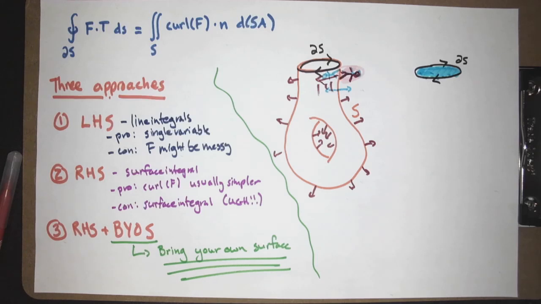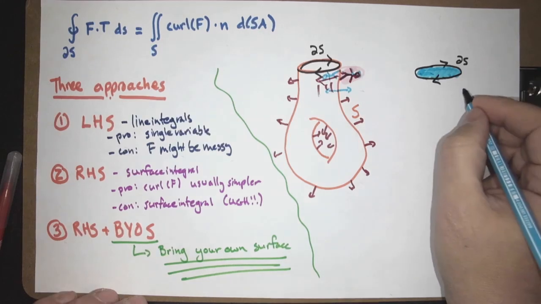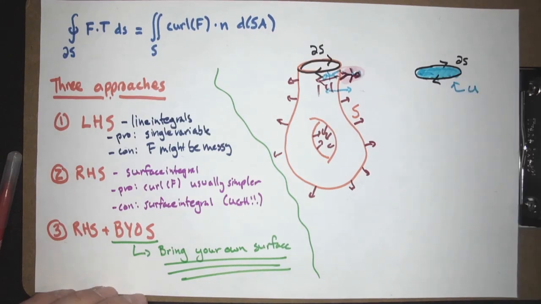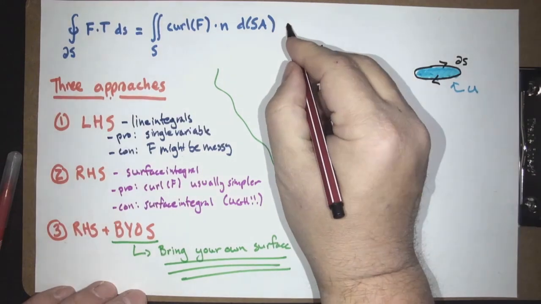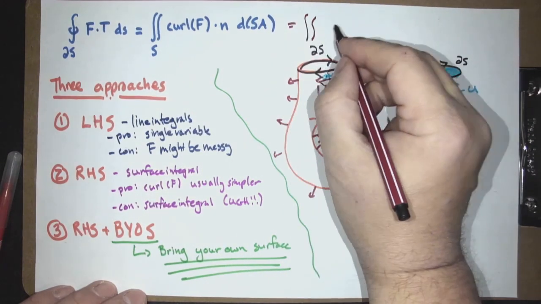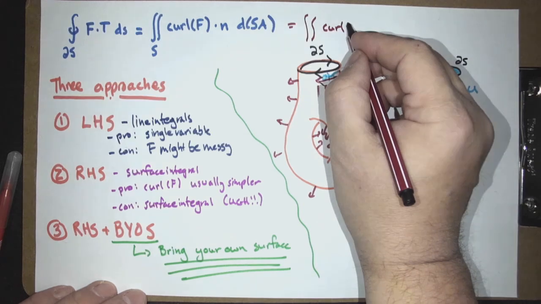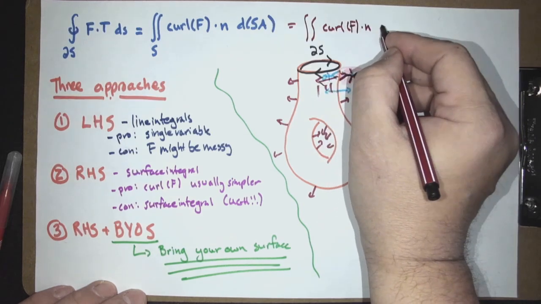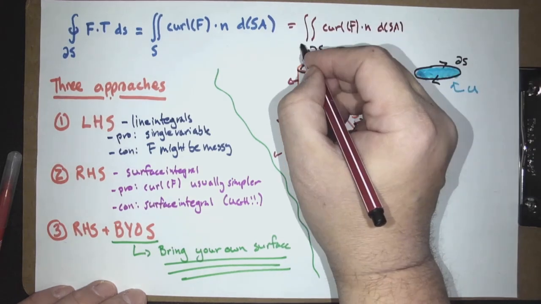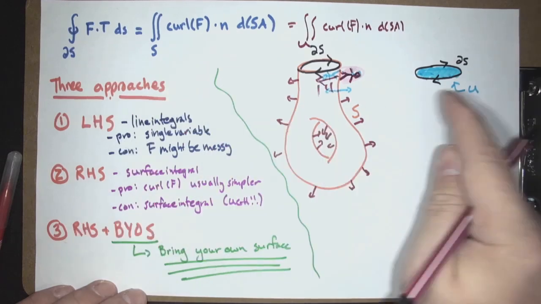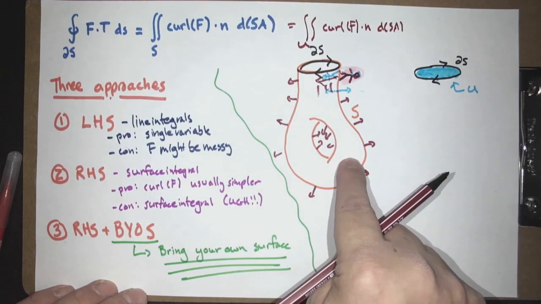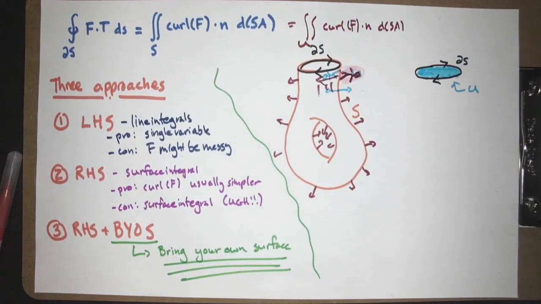So we can say, hey, instead of having this complicated surface S, we can have a very simple surface U. And now, what's the punchline? Well, we would have here that the integral of curl F dot n dS over U is the same as this integral over S. But notice, this is a much simpler surface.